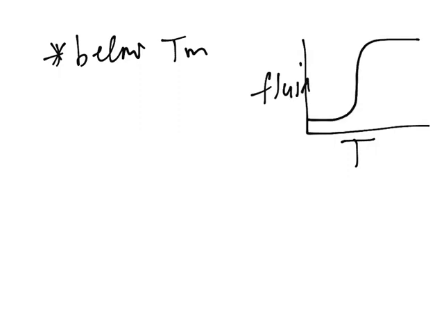So if you remember, this was the temperature, this was the fluidity, and in the absence of cholesterol, the change in fluidity as a function of temperature looked like that. So this point right here, that would have been the melting temperature, right? It hits a temperature and it immediately changes its fluidity. It goes from being more solid to instead more fluid. So that's what we were looking at with that graph.